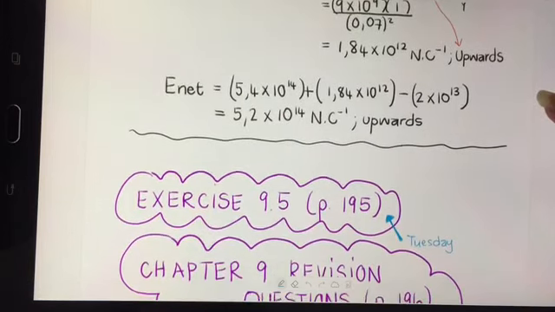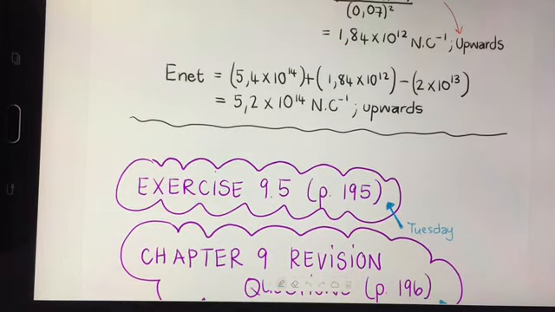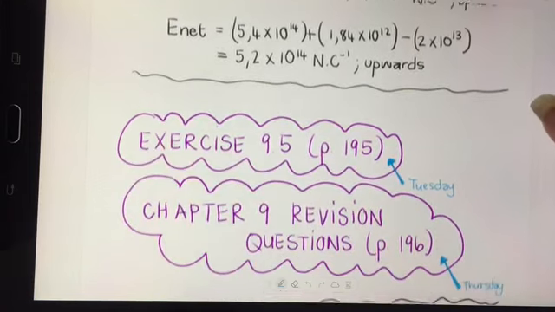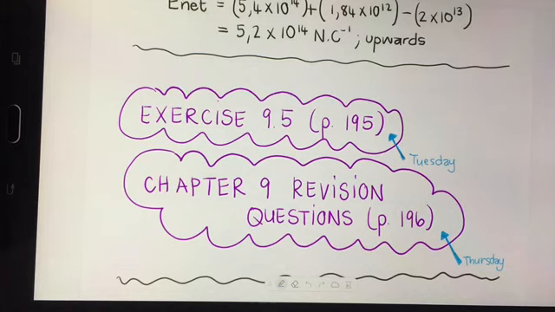Okay, then exercise 9.5 on page 195 of your textbook is where you can go practice some of these questions. And since this is the end of the section, there is also chapter 9 revision questions on page 196. And I'll give you a day to do that.